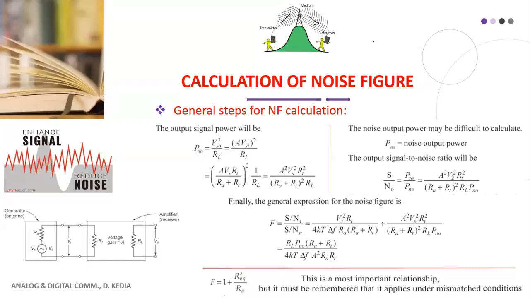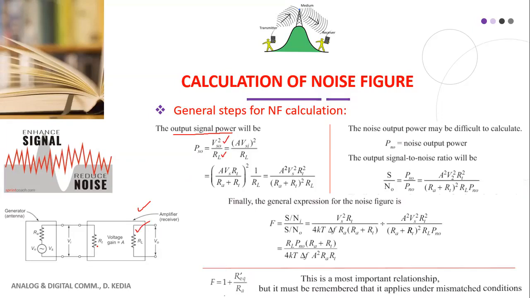So after obtaining the input signal to noise ratio, now we will be calculating the output signal to noise ratio. For that, we need output signal power and output noise power. So this is our output side. Output signal power will be output signal voltage square by RL, that is the output resistance.